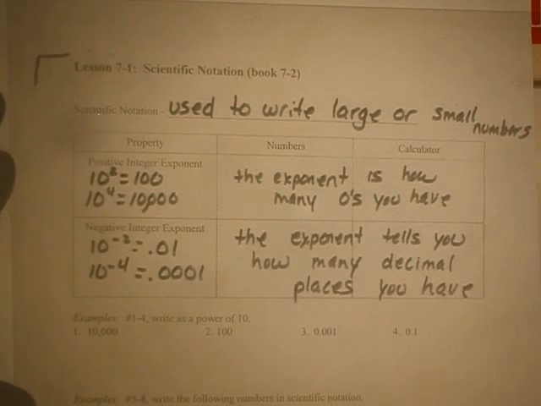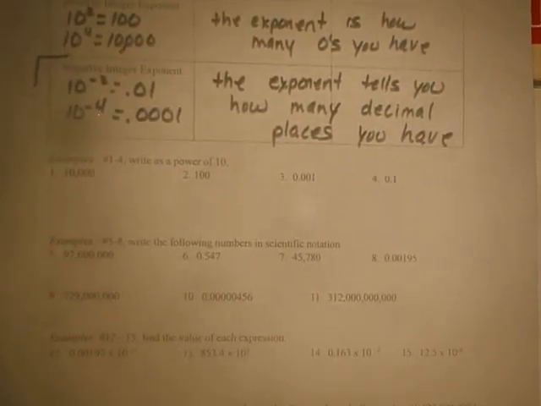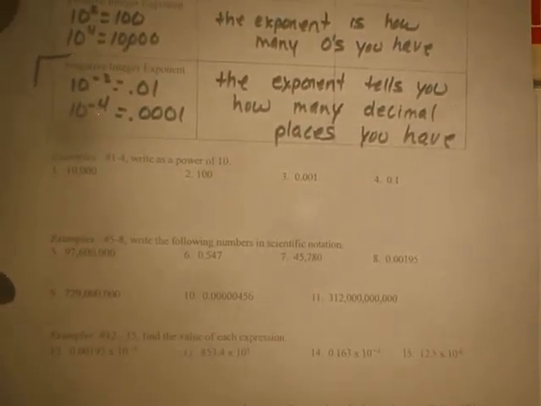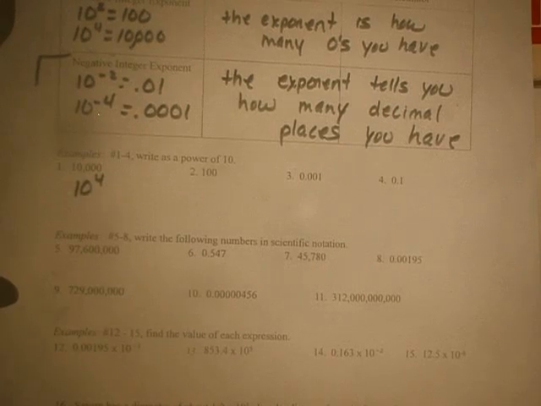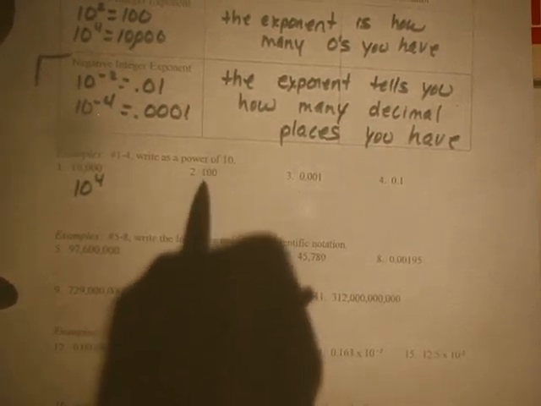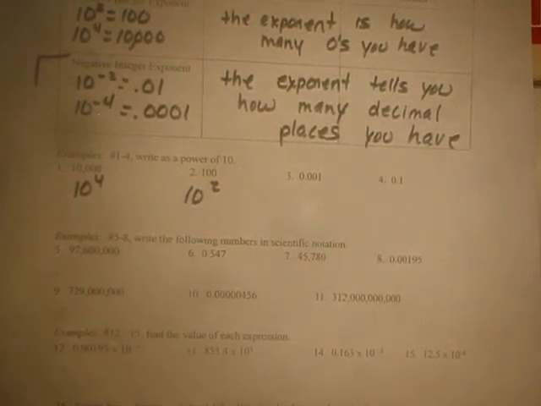And using those ideas on the first 4 examples, number 1 is 10,000. We are asked to write these as a power of 10. There are 1, 2, 3, 4 zeros, so that would be 10 to the fourth. Number 2, there are 2 zeros, so that would be 10 to the second.